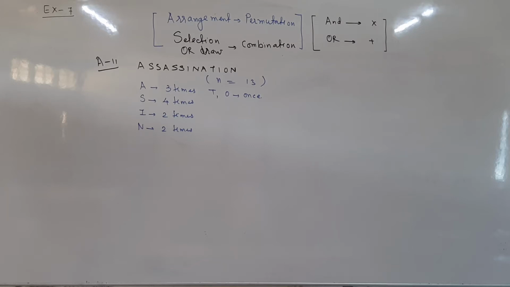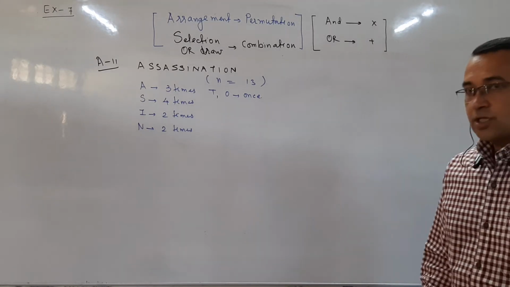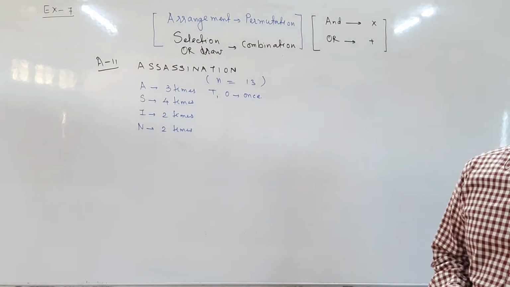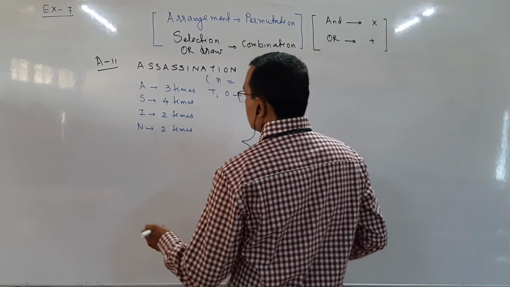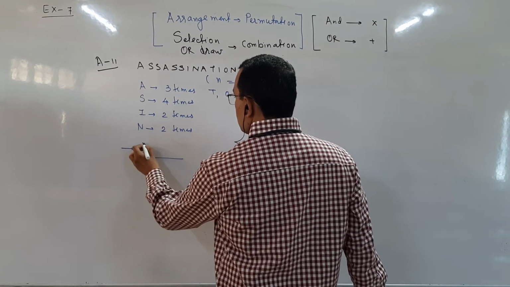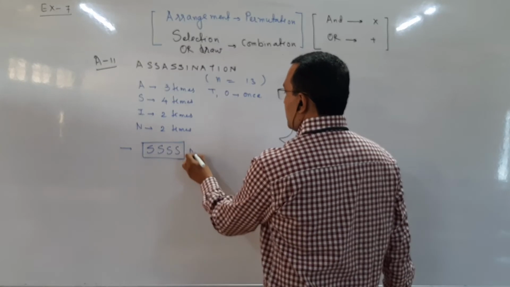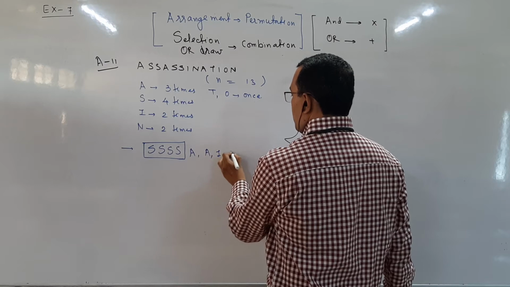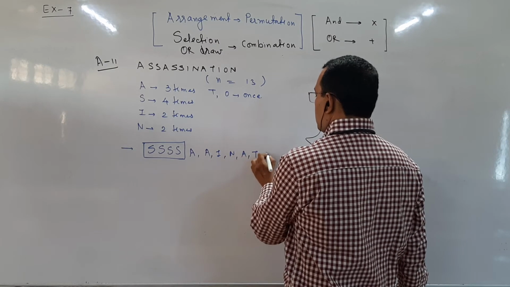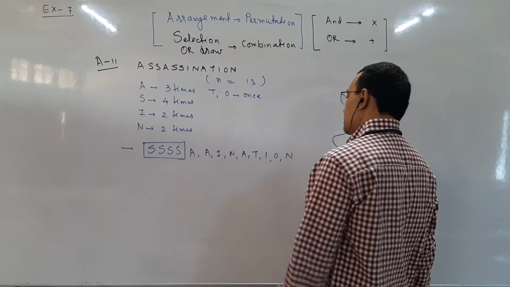Now we have to use permutation of identical objects, or permutation with repetition. So grouping the 4 S's as 1. Remaining A, I, N, A, I, O, N.